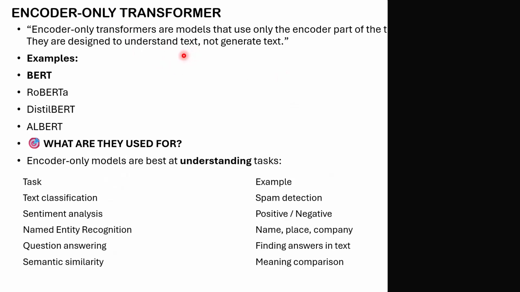Let's take an example: the word "bank" in "deposit money" and "river bank" has different meanings. An encoder-only model can understand the difference between the sentences.